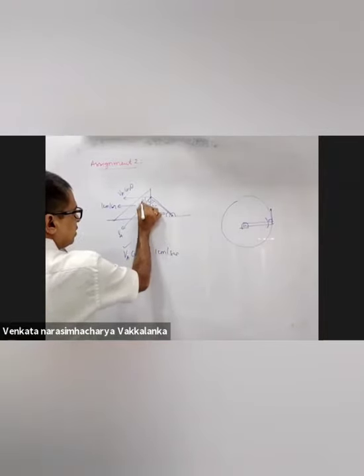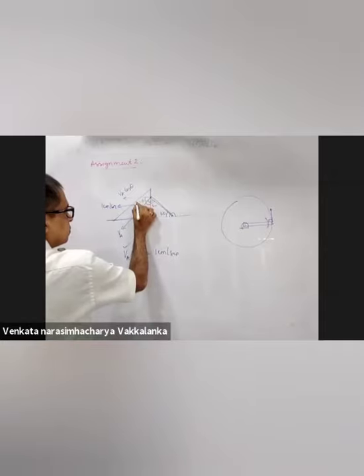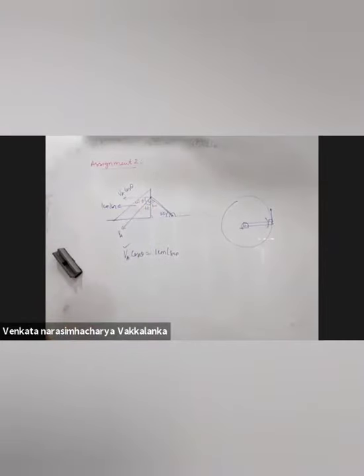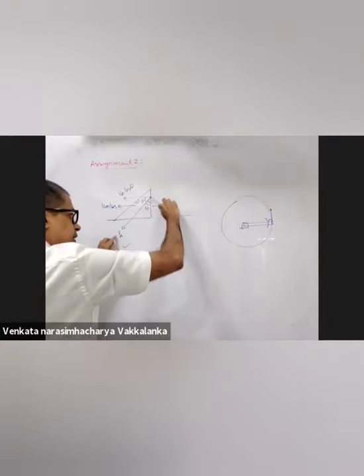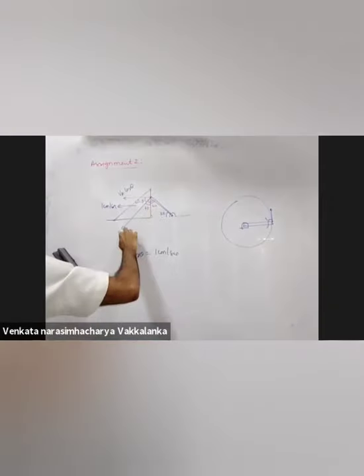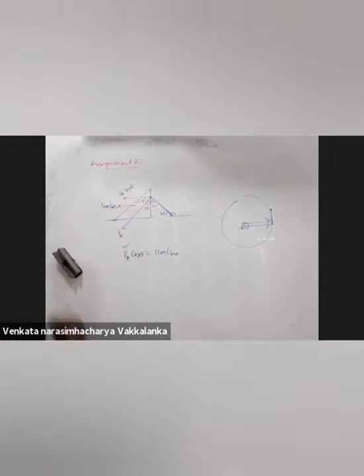This will be 30, this will be 60. So VA cos 60 is 1 centimeter per second. Find VA. The only additional information you need to solve this is that the tip will be moving perpendicular to the length of the rod. VA resolved along this direction is equated to the wedge.